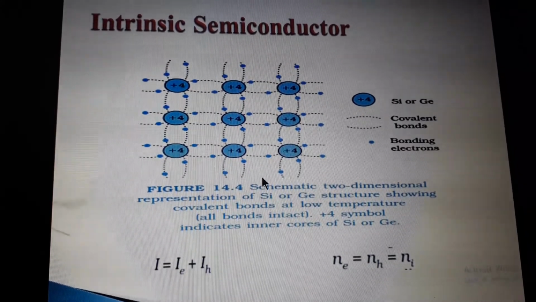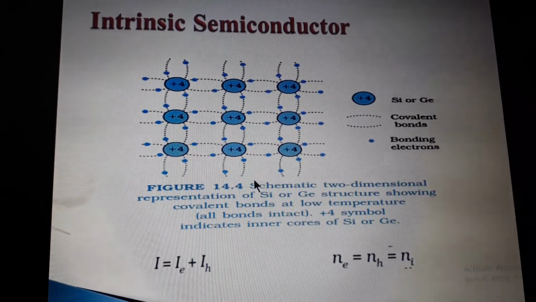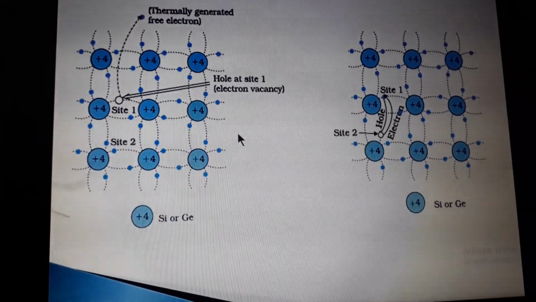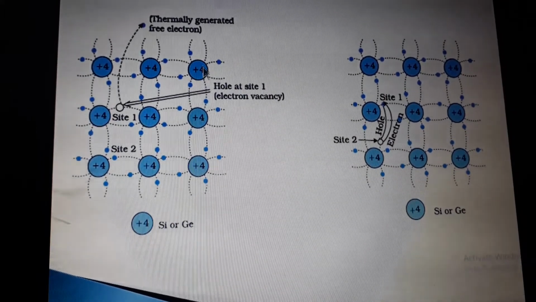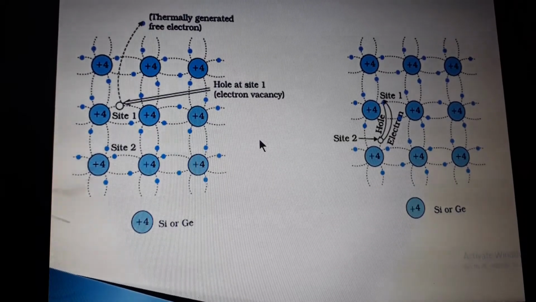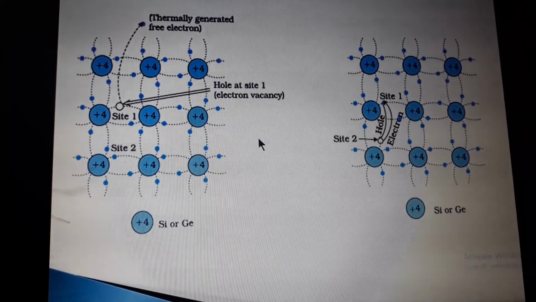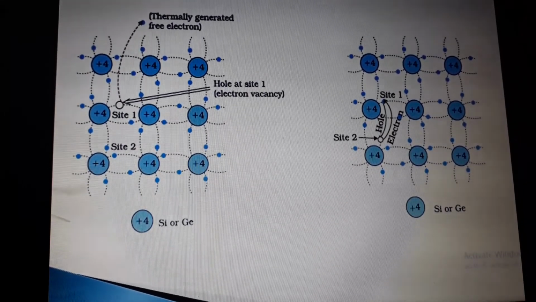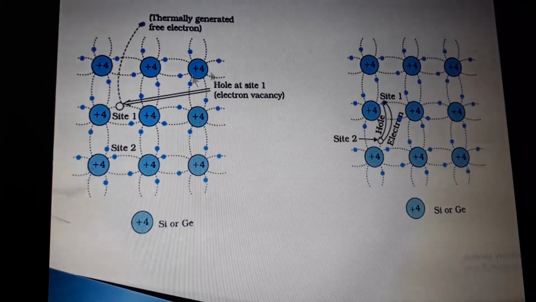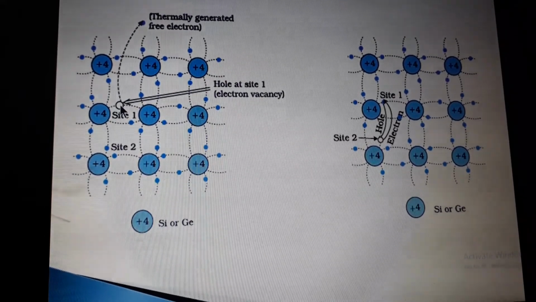Now in this one, what happens? When you supply energy thermally, meaning you supply voltage or give some energy, the valence bond is broken and the electron becomes free.